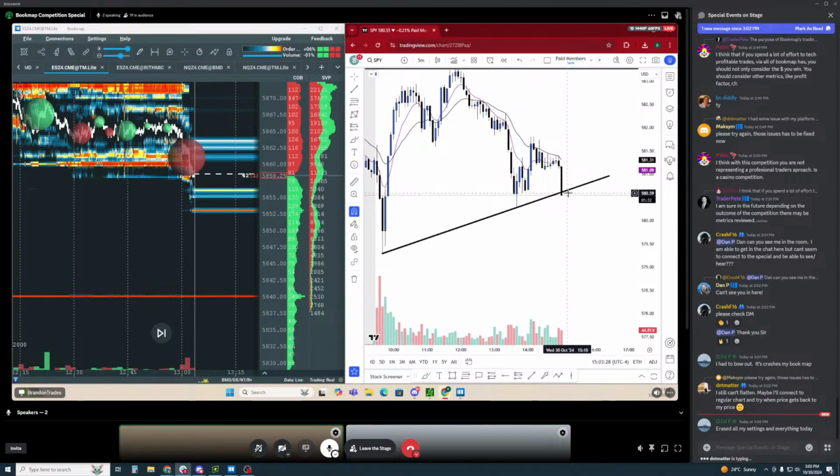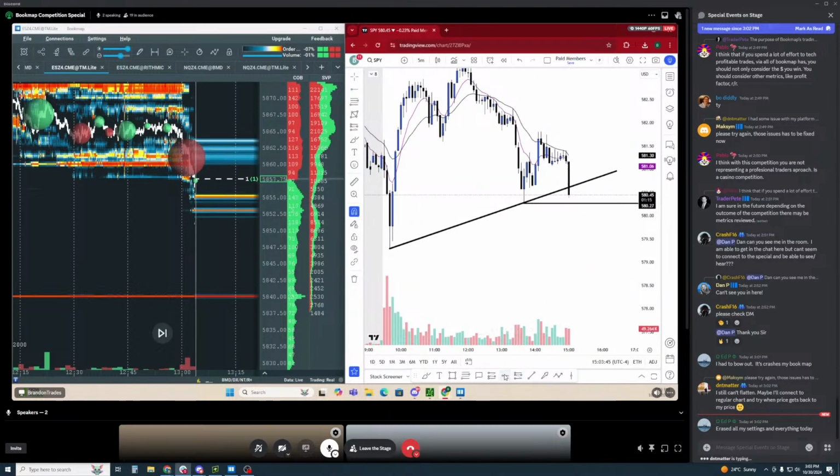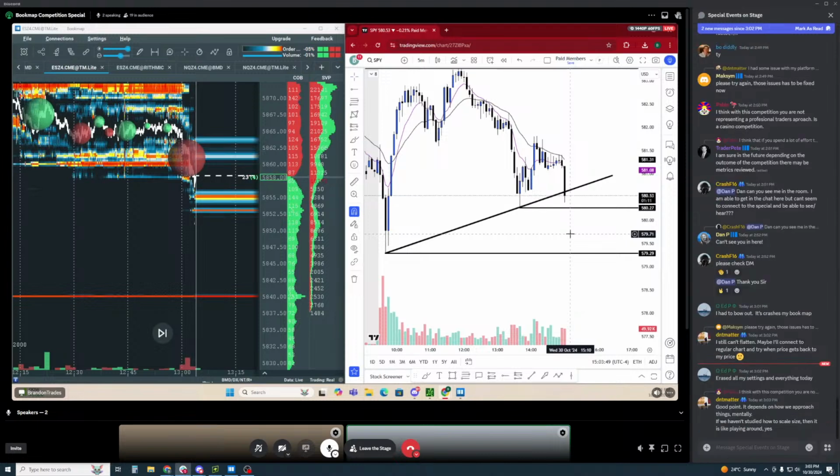We do have this trend line, but if we crack it, there's a good chance to crack that recent swing low, at least test below it. Yeah, so SPY. I'm with you, I think that 58.40 looks pretty good.